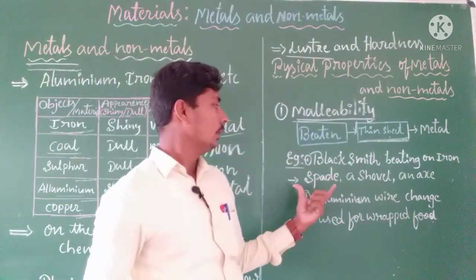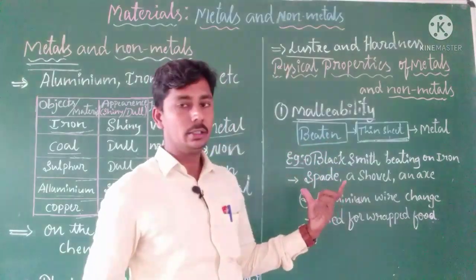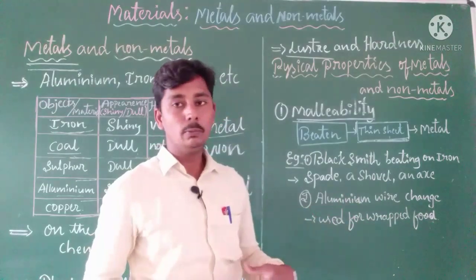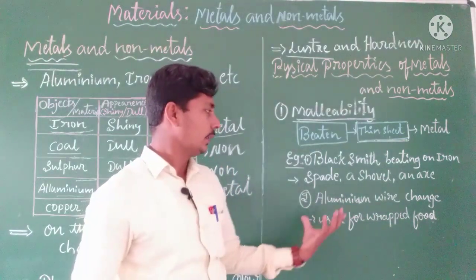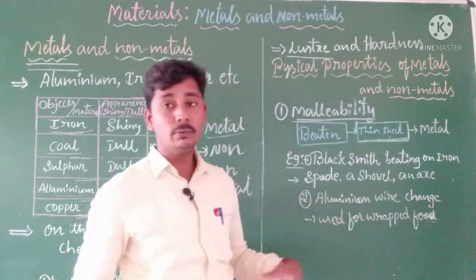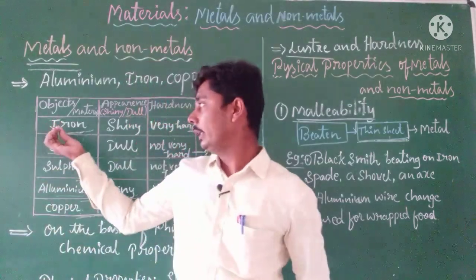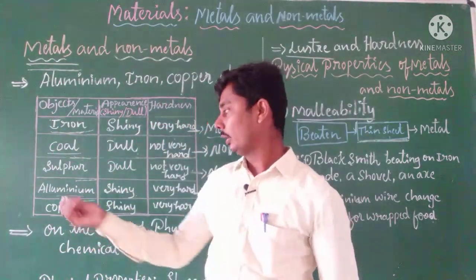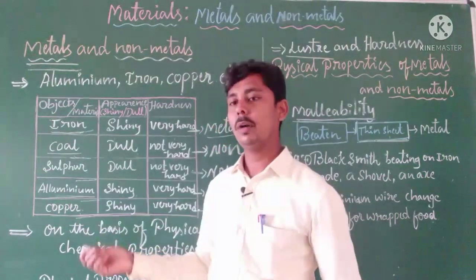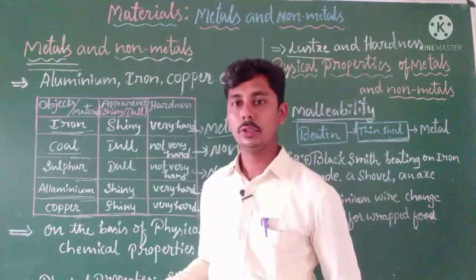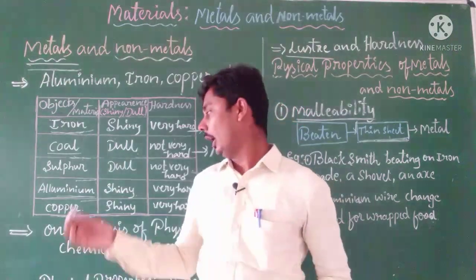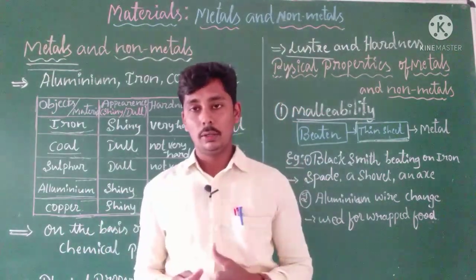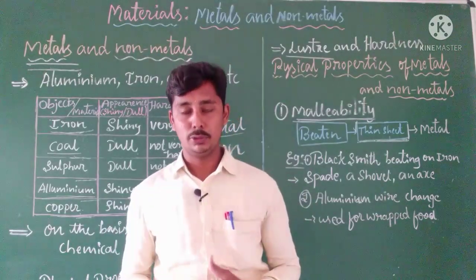We also use malleability for aluminum foils, not only iron foil. We make aluminum foil and copper foil also. Copper foil and aluminum foil are used to wrap food items.